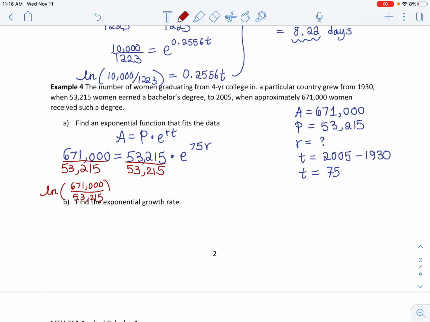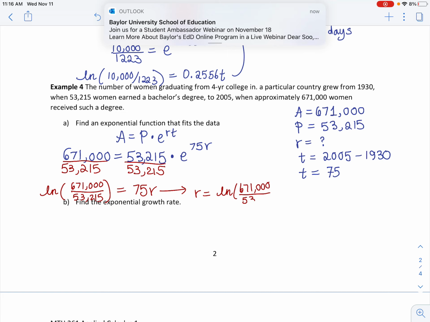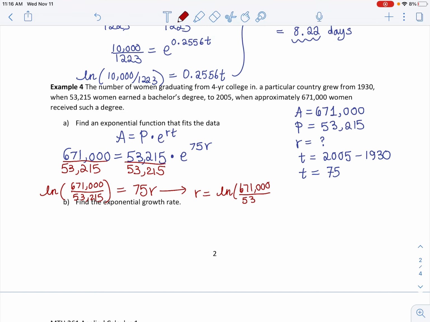I feel like you guys are seeing how these equations are all very similar. I'm kind of skipping some steps. Natural log of e to the 75r is just going to turn into 75r, which means r is equal to natural log of... I'm sorry if I was going a little too fast on the previous step, but if you were paying attention, my previous examples are very, very similar.